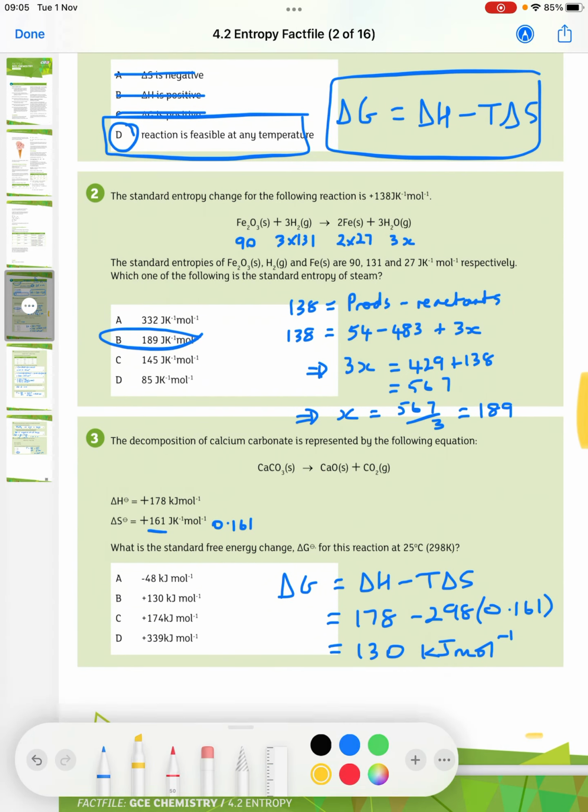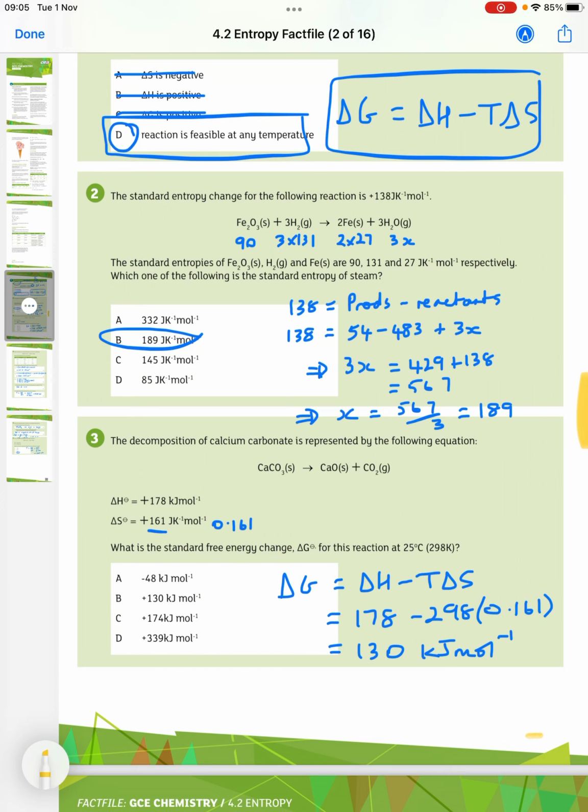So number 2, the standard entropy change for the following reaction is plus 138 joules per Kelvin per mole. The reaction is Fe2O3 solid plus 3H2 gas gives you 2Fe solid and 3H2O gas. Standard entropies of the iron oxide, the hydrogen and the iron are 90, 131 and 27 respectively.